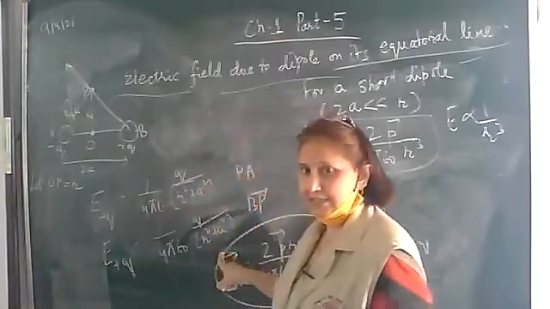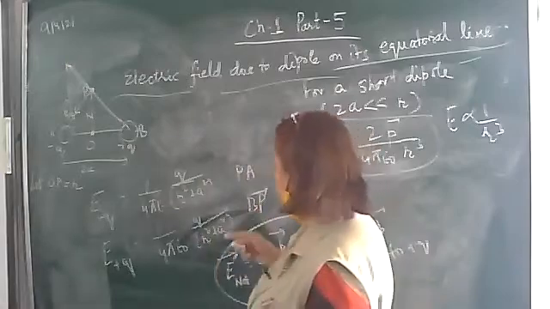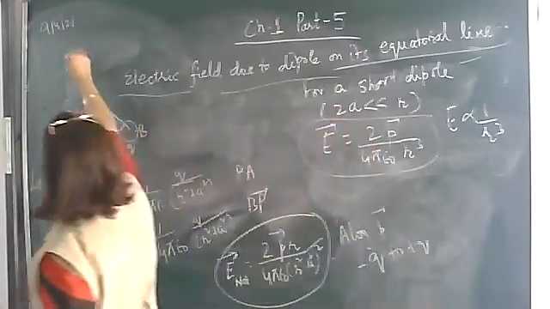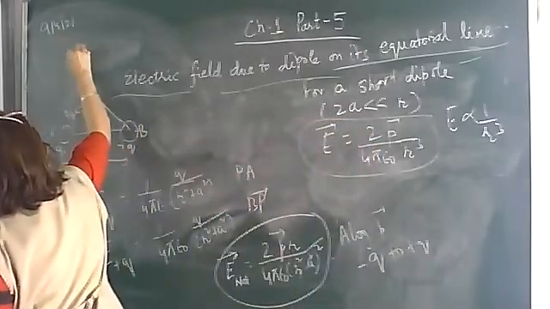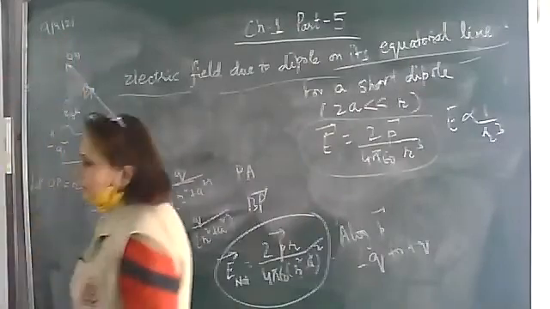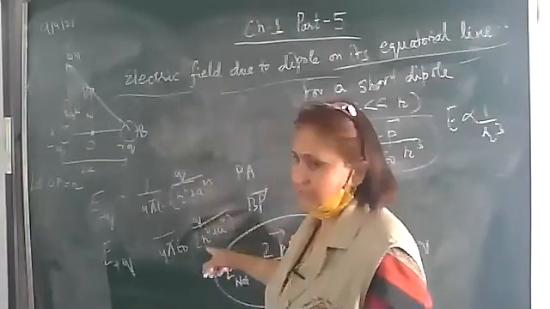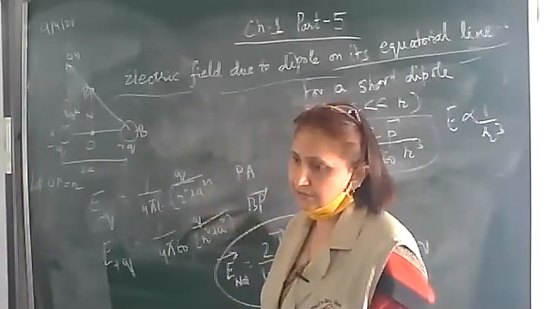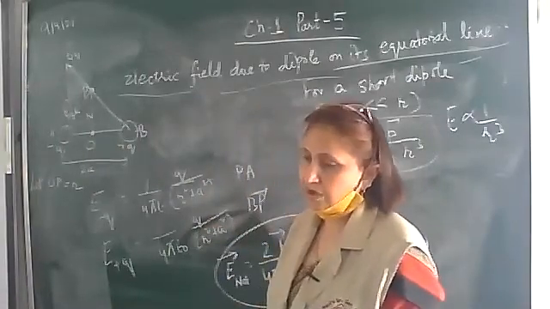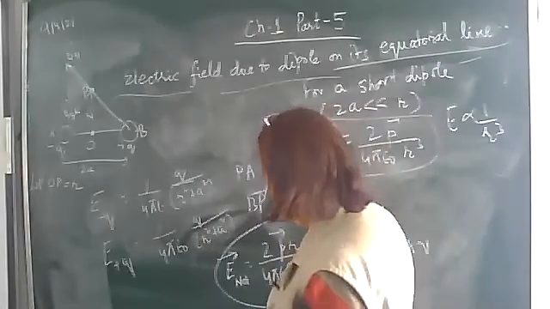Magnitude here is the same. What will be the direction? Along BP vector. So this is the direction of the electric field. Magnitude is the same, but the direction is different. So how to find the resultant?